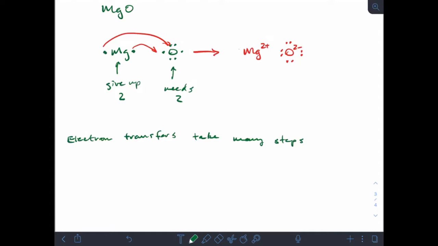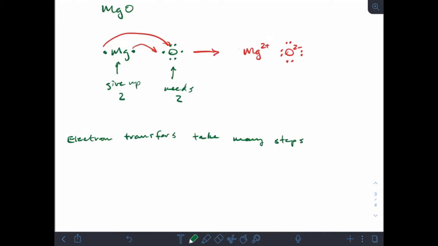We have to put an electron on, which is an energy release. All these individual steps end up with a net energy deficit. So the universe has to put energy into these processes in order to make it happen.